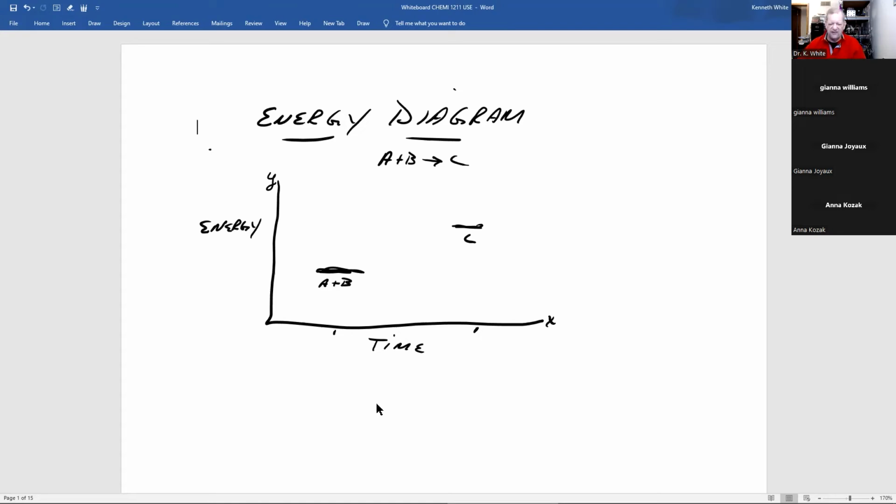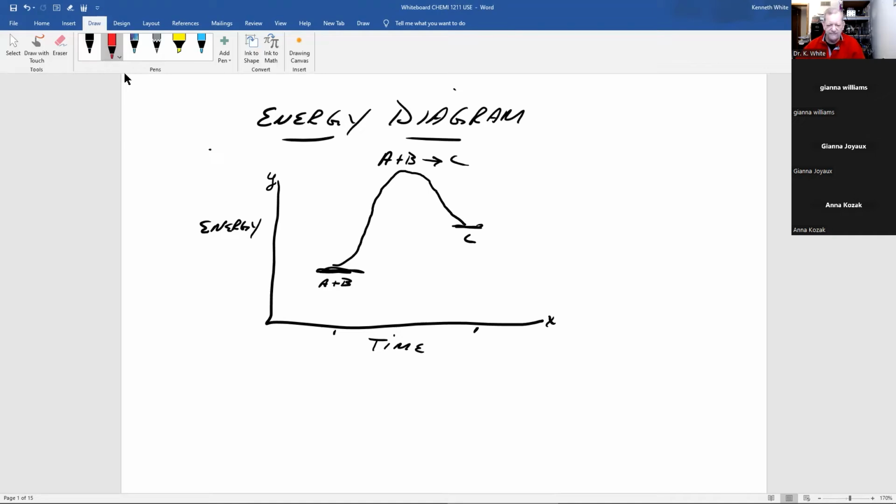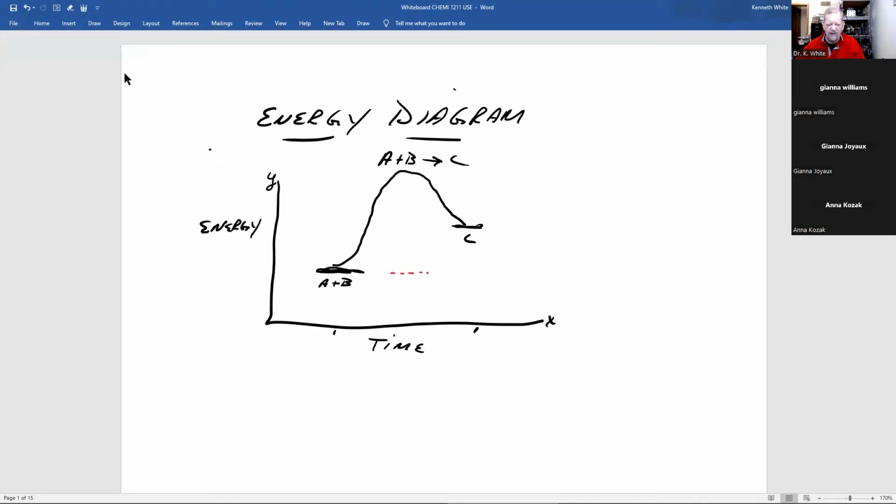Now here's what an energy diagram teaches us. To go from A and B to C, you have to have a certain amount of energy. You go up and then you go down like this. And this is an energy diagram. Now, an important thing you should know, where you start right here at A and B, this distance right here is the activation energy.